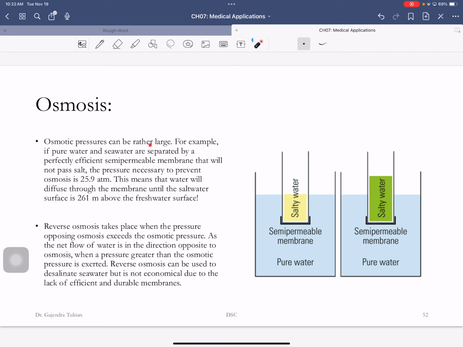Osmotic pressures can be rather large. If pure water and seawater are separated by a perfectly efficient semi-permeable membrane that will not pass salt, the pressure necessary to prevent osmosis is 26 atmospheres. That is a huge pressure.